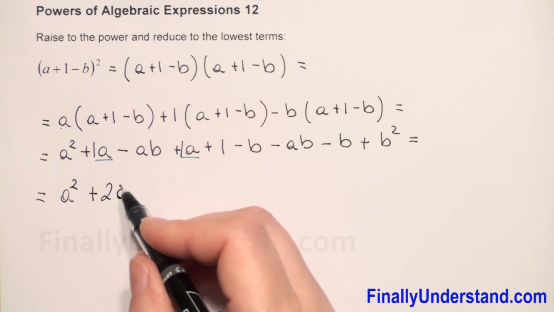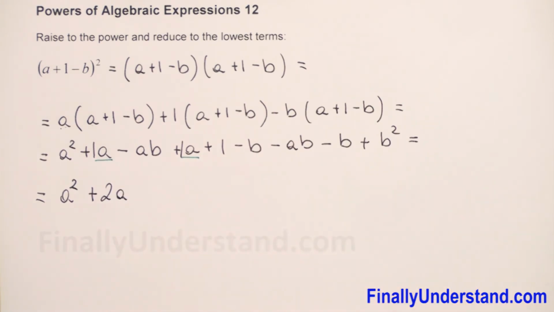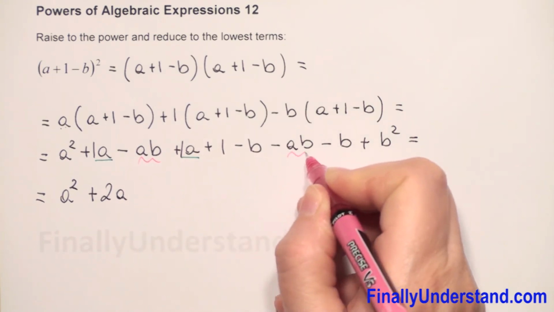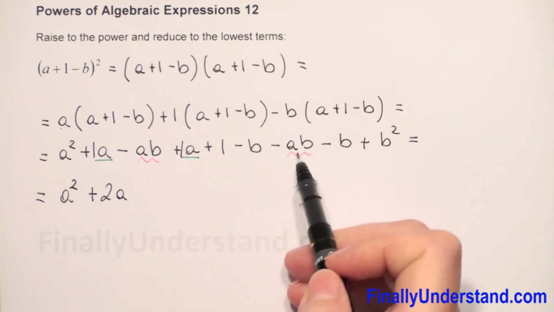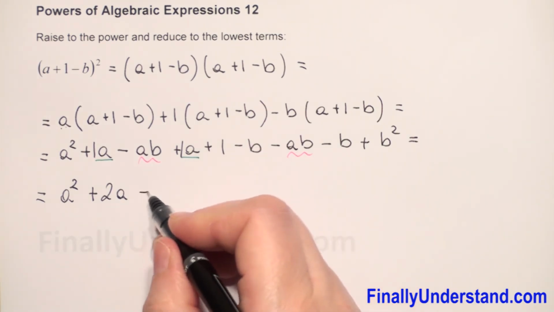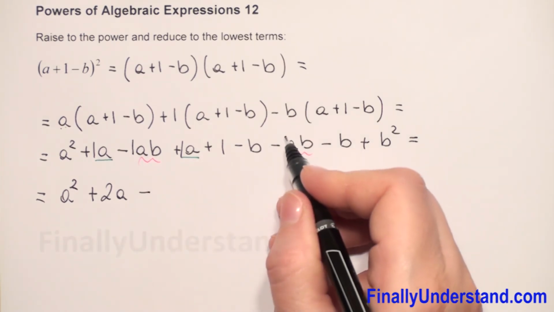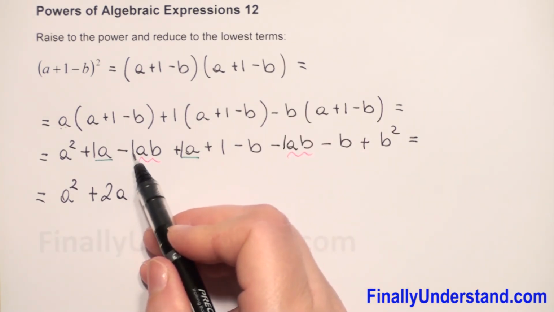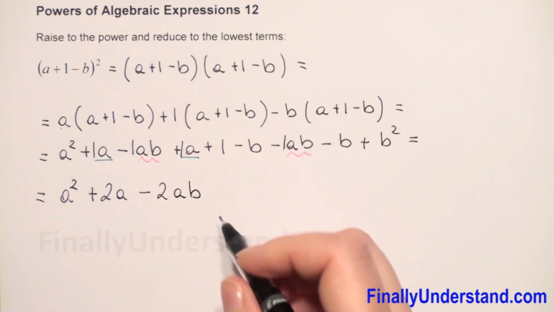And we just rewrite a. Next we have negative ab and negative ab. So we again have like terms. How do we do this? We check the sign. Both like terms are negative, so we keep the negative sign. And when we don't have coefficients, always an invisible 1, so we add them. These coefficients 1 plus 1 is 2, and we just rewrite ab.